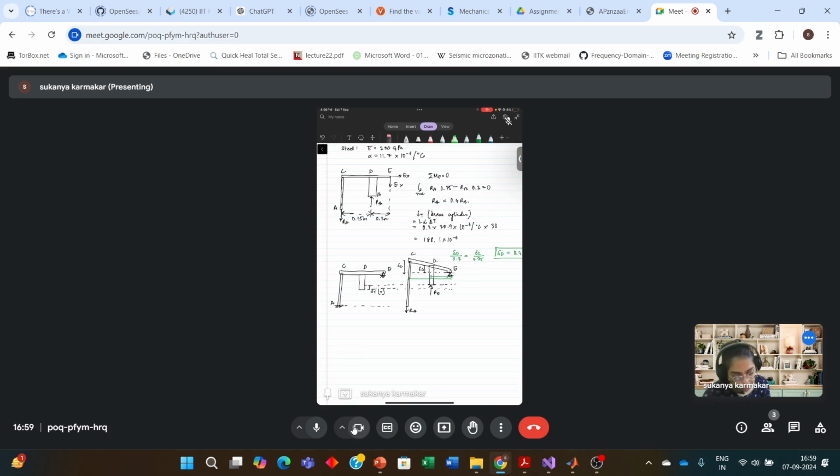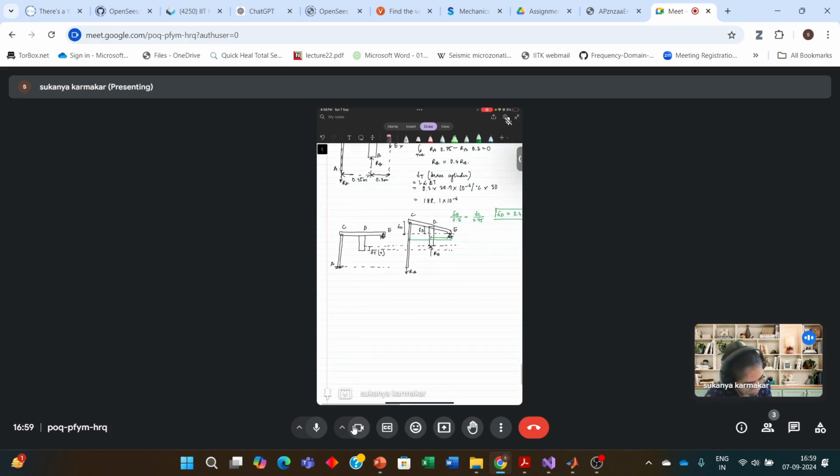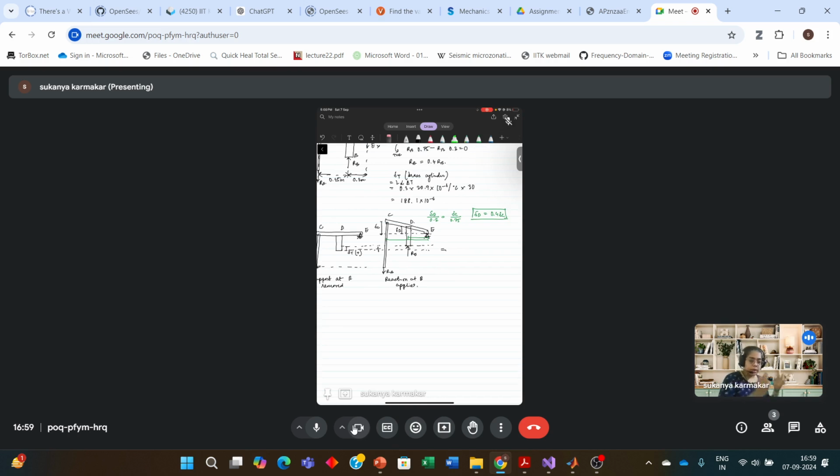So this diagram is because of when the support at B is removed. This is the reaction at B applied, and then let's superimpose this, and this is what the final condition should be. Something like this.